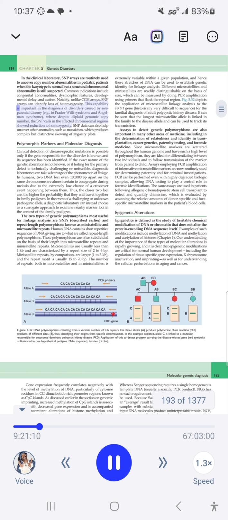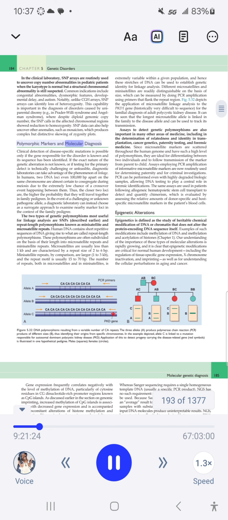This capability is important in the diagnosis of disorders caused by uniparental disomy, e.g., Prader-Willi syndrome and Angelman syndrome, where despite diploid genomic copy number, the SNP calls in the affected chromosomal regions showed reduction to homozygosity. SNP data can also help uncover other anomalies, such as mosaicism, which produces complex but distinctive skewing of zygosity plots.